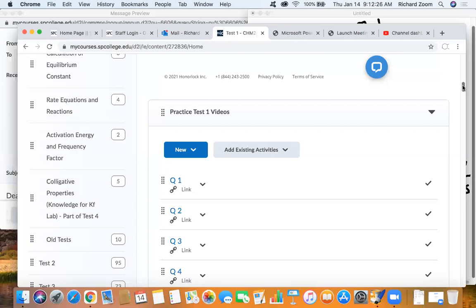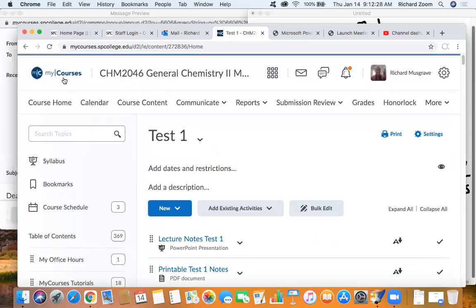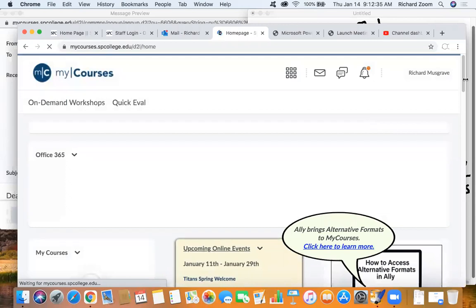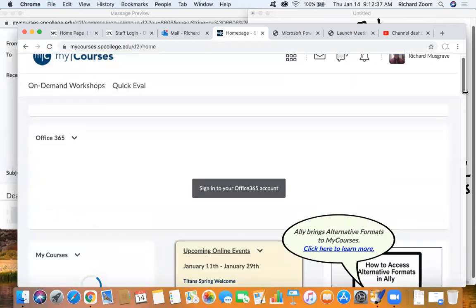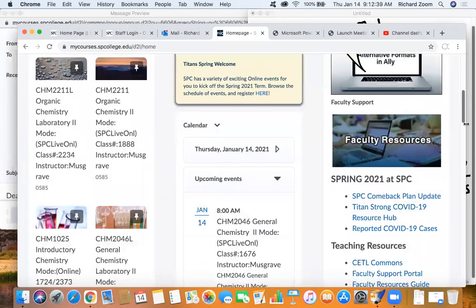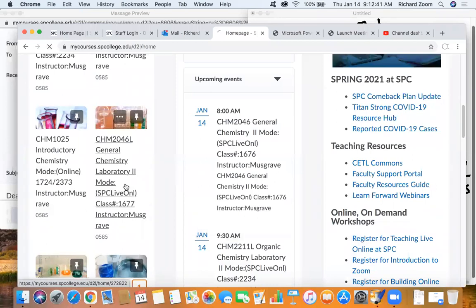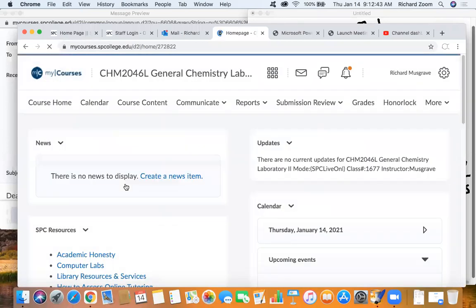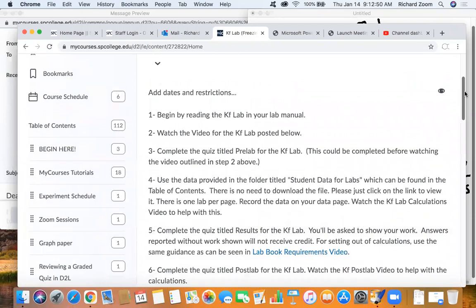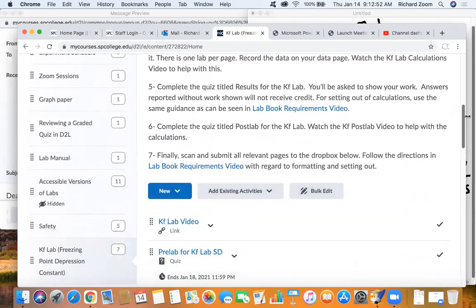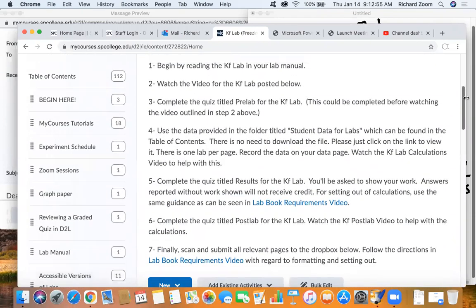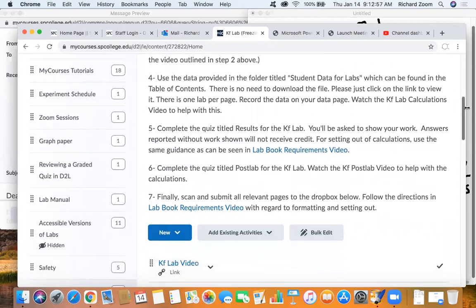All right. Let me briefly go through that. I'll just show you where the thing is. So the directions for doing that are in a video, and it's in the safety folder, I think.